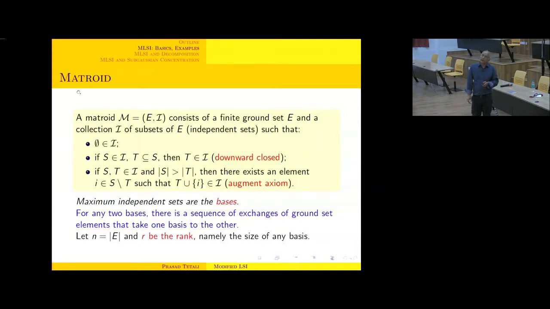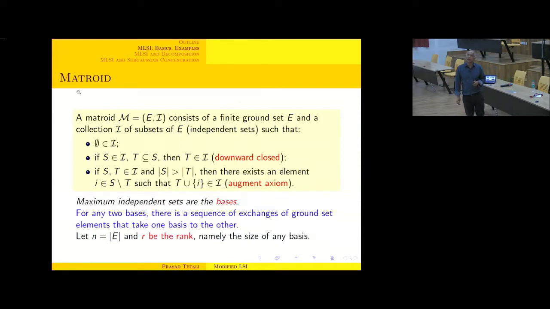The third one is an important one, augmentation. There are equivalent ways to talk about the third one, like the exchange axiom and so on. If you have two sets and one is larger than the other, then there's something from the larger set you can add to the smaller one and keep it independent. These are the axioms.